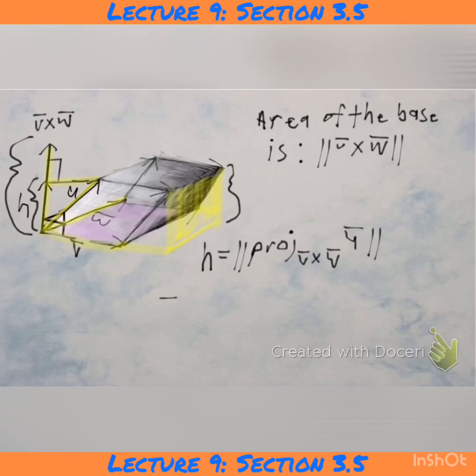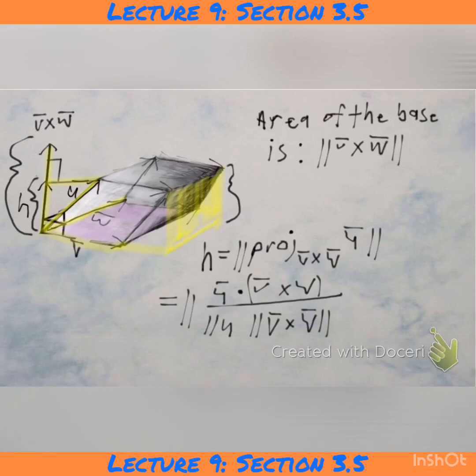Now, going further, what is the projection of u onto v cross w? It's going to be the dot product of u with v cross w, divided by the norm of v cross w squared, multiplied by the vector v cross w, and you take the norm of that.